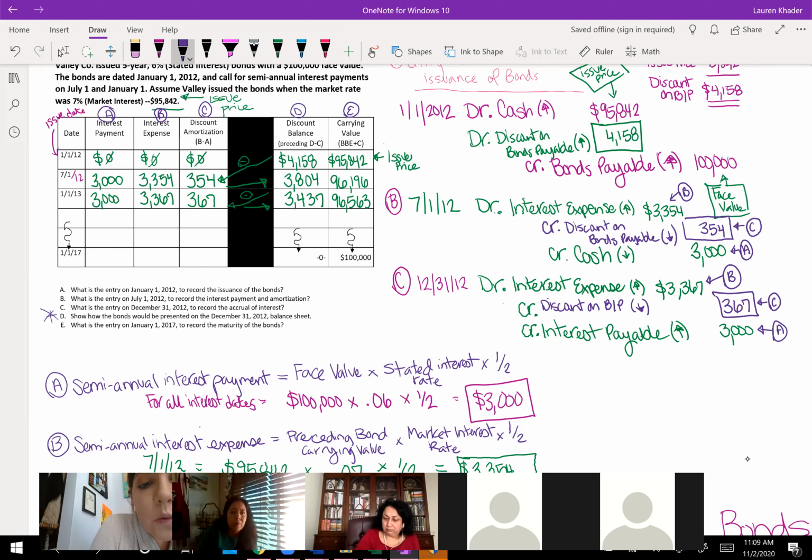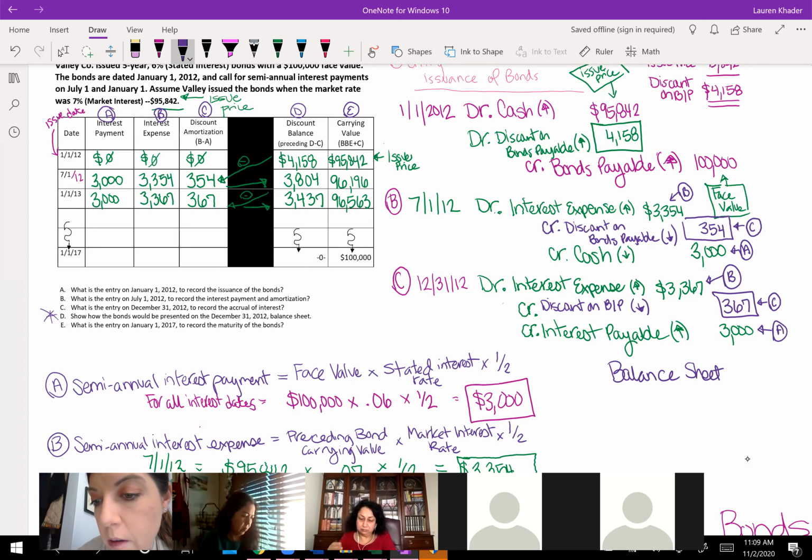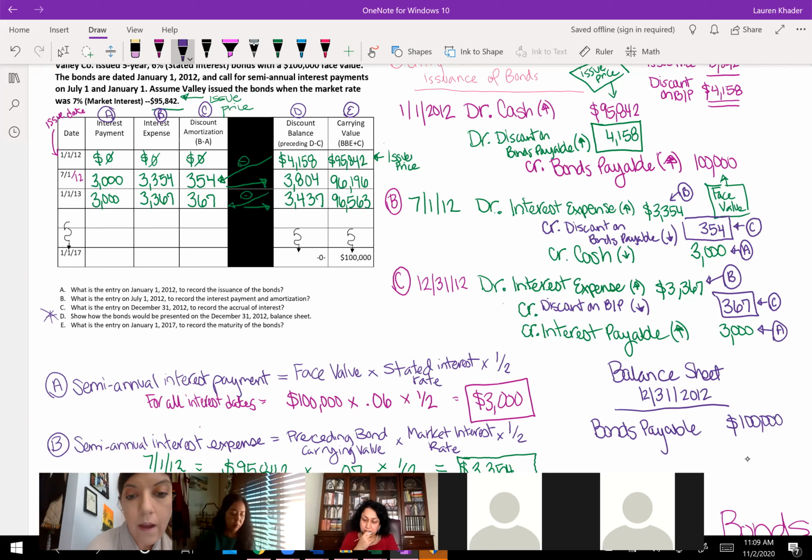Show how the bonds would be represented on the December 31st, 2012 balance sheet. So this is obviously the partial balance sheet, December 31st, 2012. And we have in our liabilities section, bonds payable. Bonds payable is 100,000, what we have in the account.